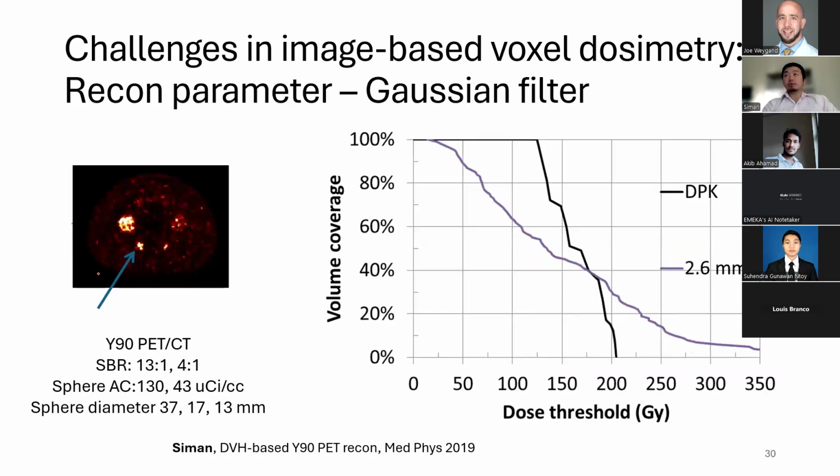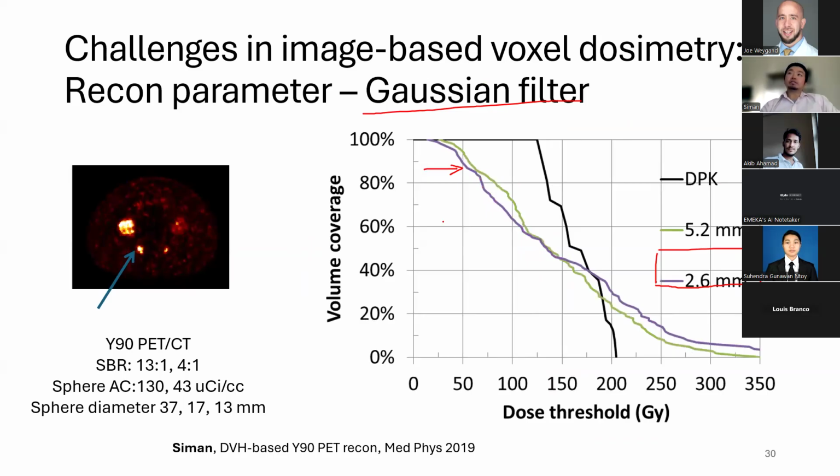let me show you. Okay, so this is what happens when you apply a smoothing filter. This is a Gaussian filter, right? And what's shown here is the full width half max. If I apply a 2.6 millimeter full width half max, I get a curve that looks like this, right?